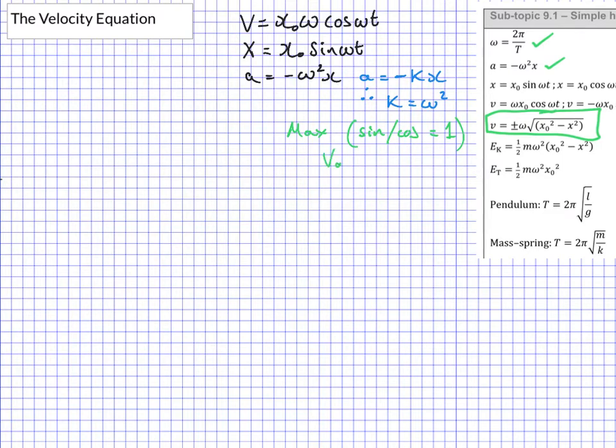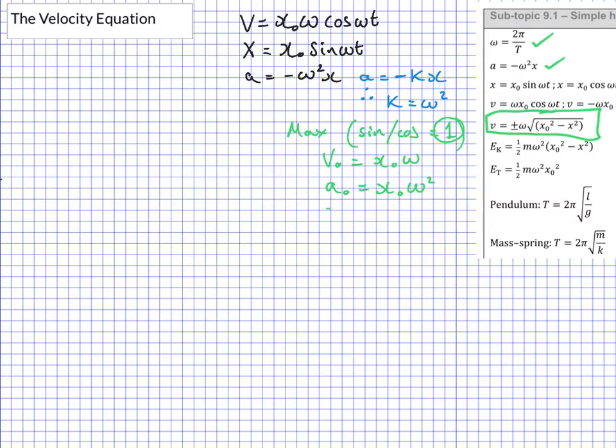The maximum velocity, at this value of 1, is equal to just the maximum displacement times the angular frequency, and the maximum acceleration is equal to the maximum displacement times omega squared.